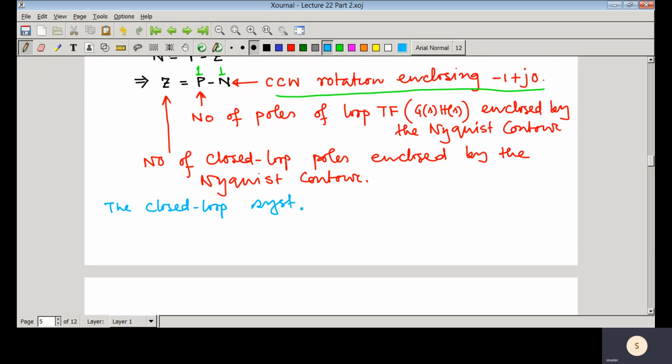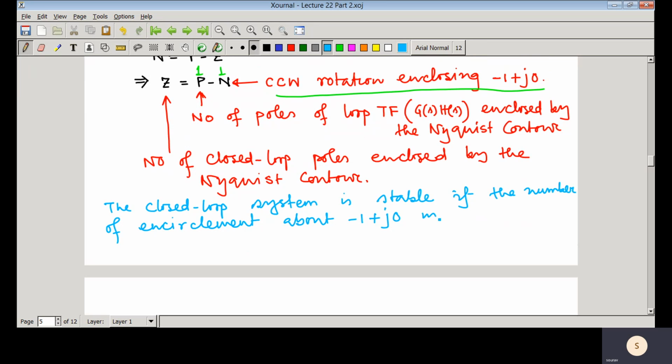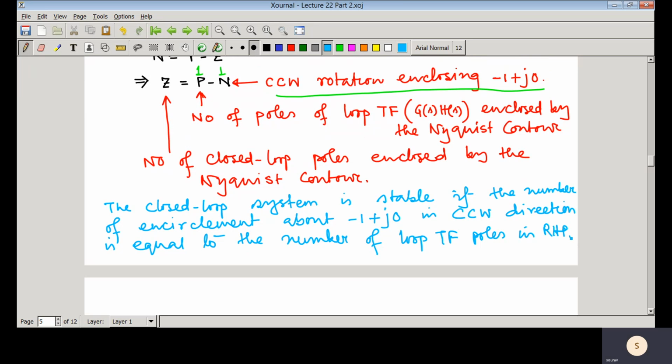Closed loop system is stable if the number of encirclement about -1 j0 in counterclockwise direction is equal to the number of loop transfer function poles in right half plane.